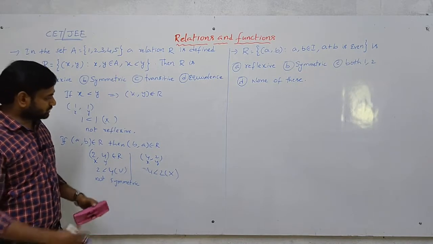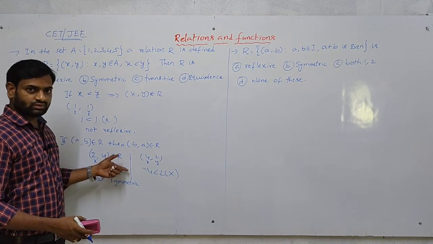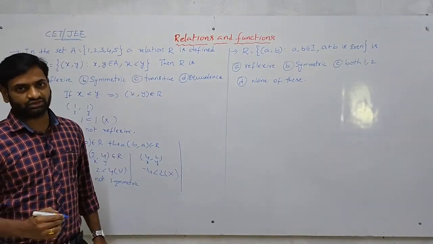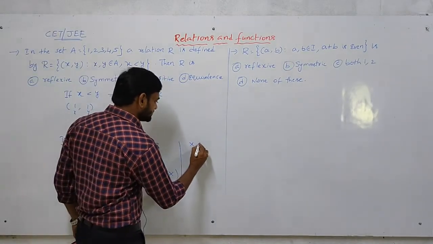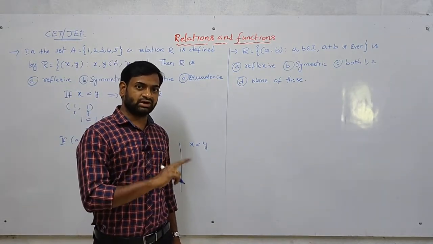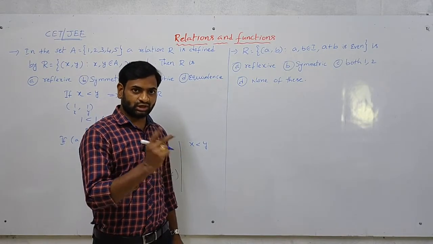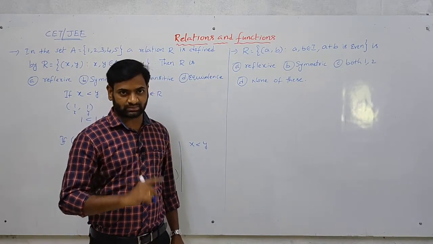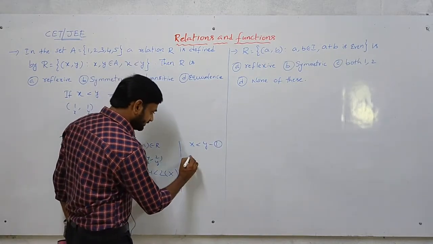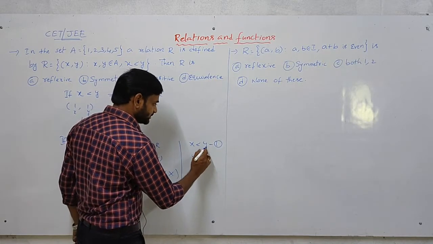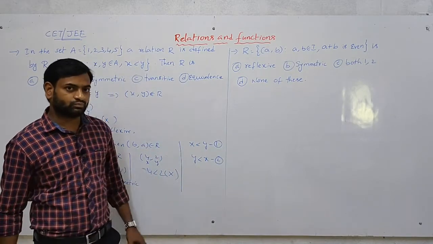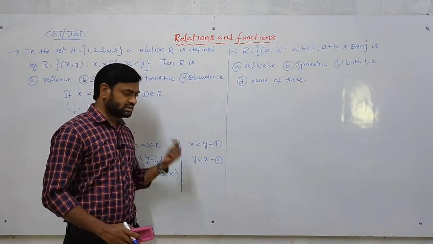Otherwise, there is a simple way you can do this. For symmetric, the condition is x less than y. If you interchange the two terms, in place of x put y and in place of y put x, the equation should be the same. Are the two equations the same? No. It is x less than y, and it is y less than x.